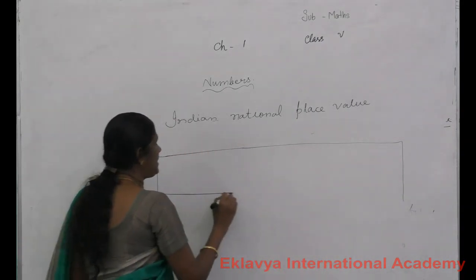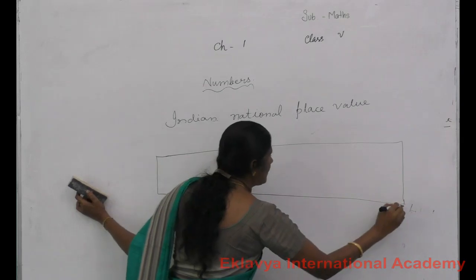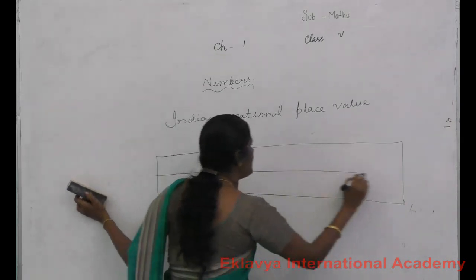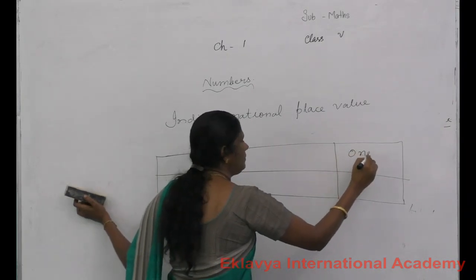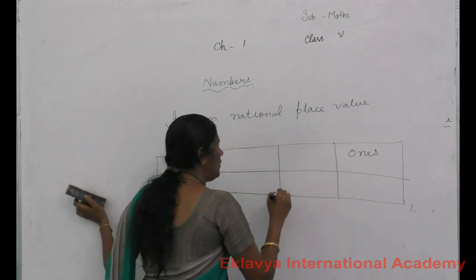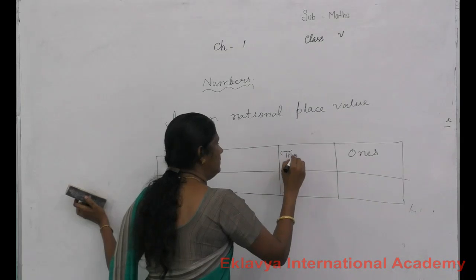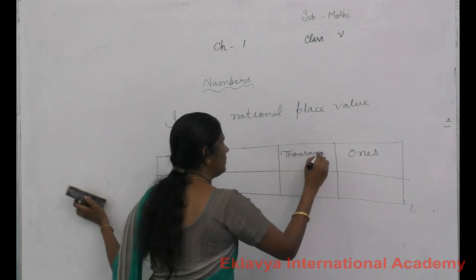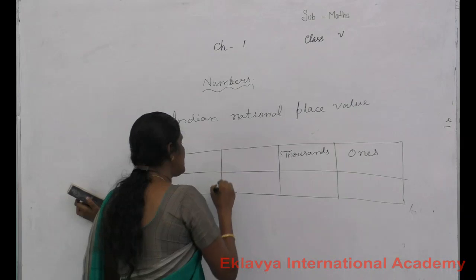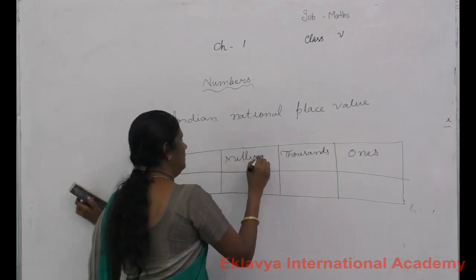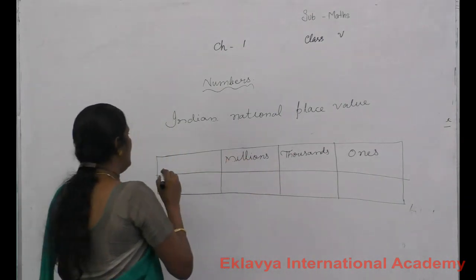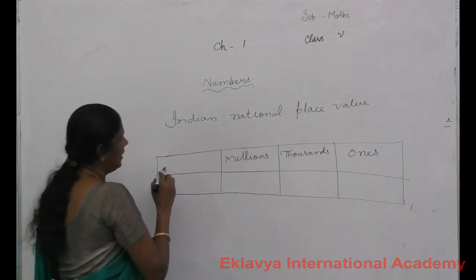How many periods? 4 periods. First period is ones period, then second period is thousand period, third period is million, then billion.